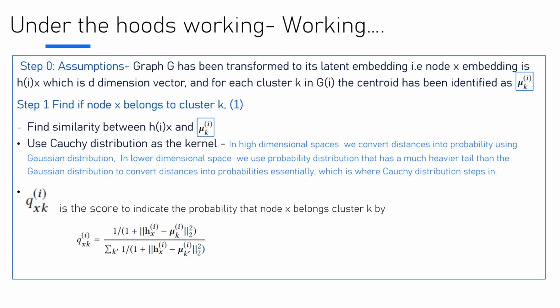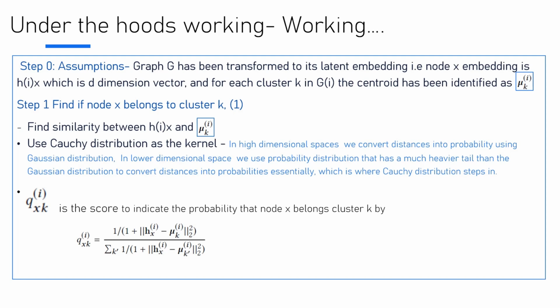The whole idea of what we're trying to solve here is to measure the similarity between H_I of X and the K cluster centroid, what we call mu_K. For this, we employ the Cauchy distribution as the kernel function.